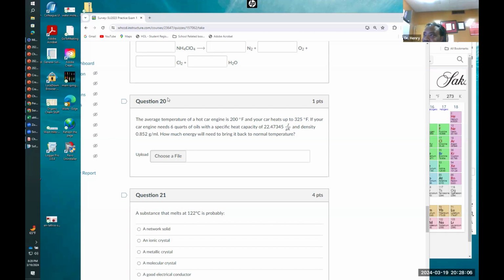Okay, now here's a hint to us. This is temperature in Kelvin. We have Fahrenheit. So we want to change those to Kelvin so the units match up. And the density of the oil is 0.852 grams per milliliter.